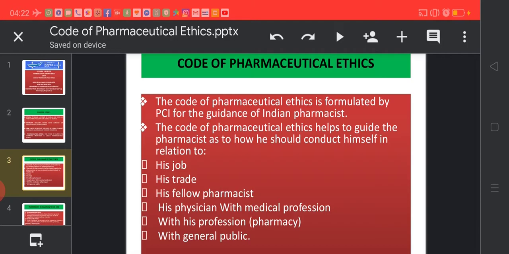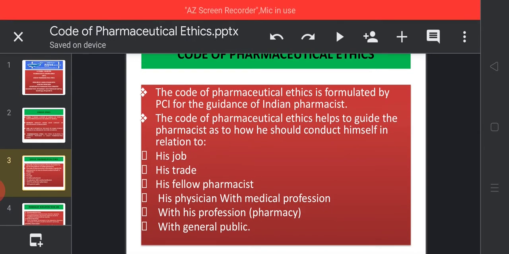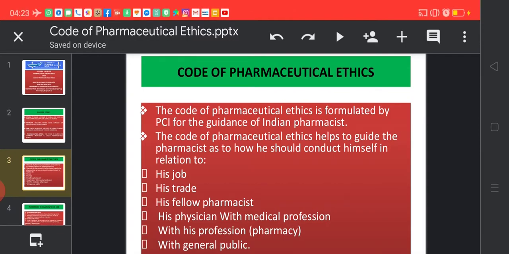So here we are, relations of a pharmacist with his job, first category. Second category, relations of a pharmacist with his trade, with his organization, जहाँ पे वो काम करता है, जिस फील्ड में है.